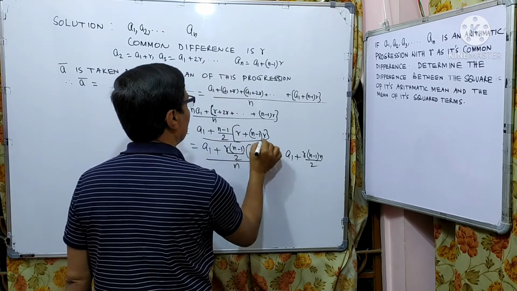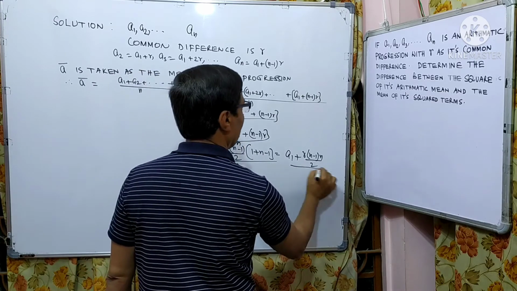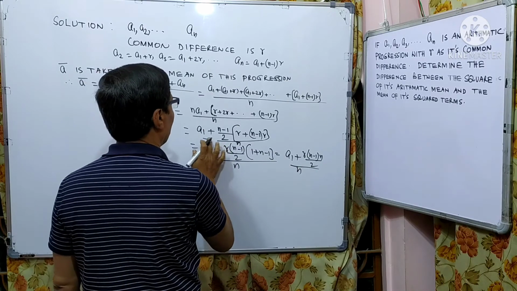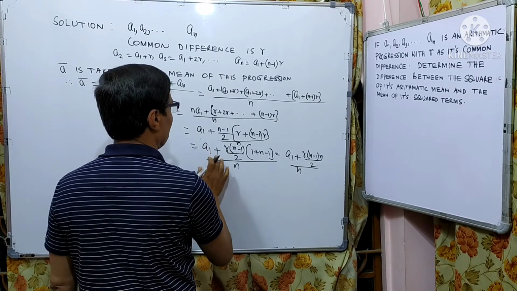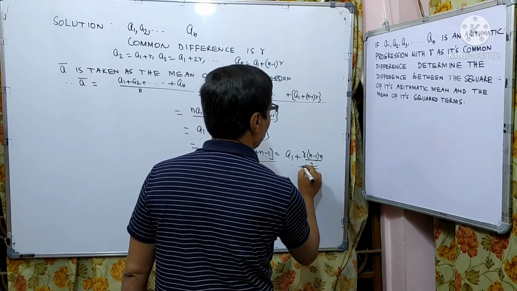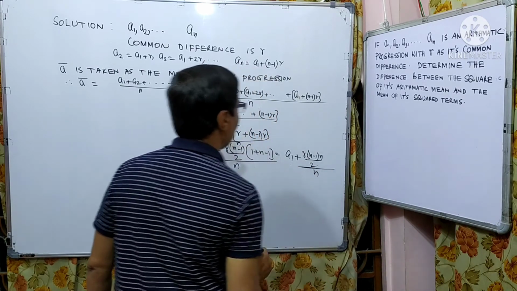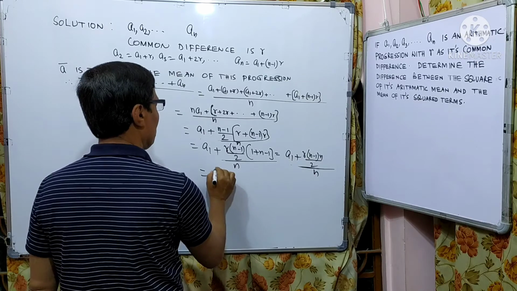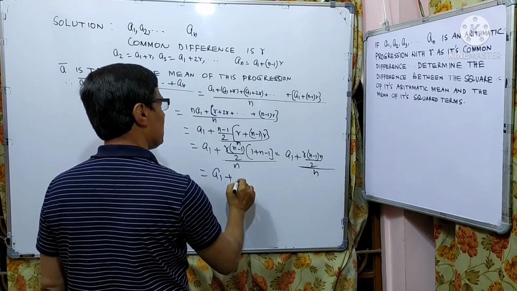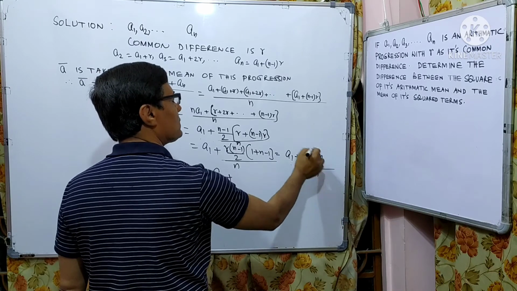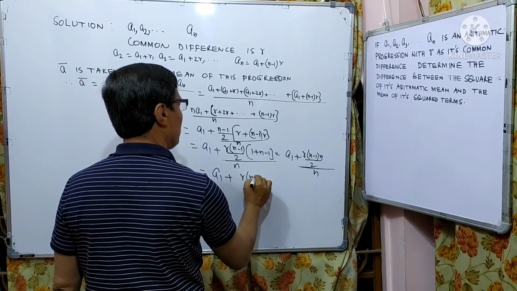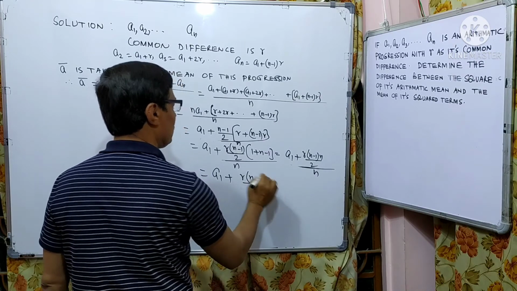The n is cancelled out, so this is equal to a1 plus r into n minus 1 over 2.